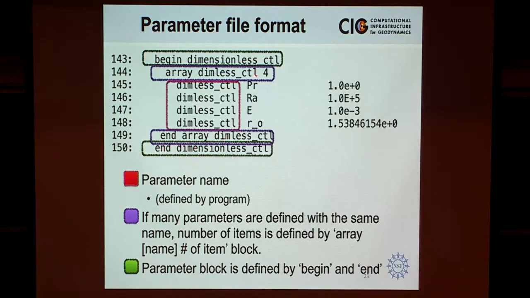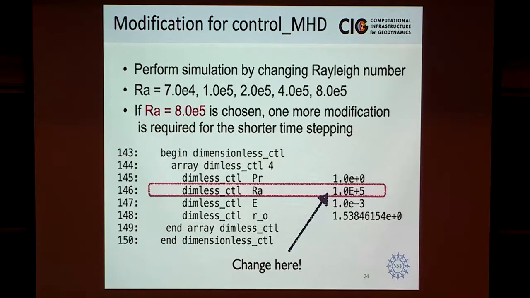If there are more than two entries, the block starts with the array name and the number of entries. Now there's a Prandtl number, Rayleigh number, Ekman number, and the outer core radius on this field. Now we'll edit here. Everyone should know that.